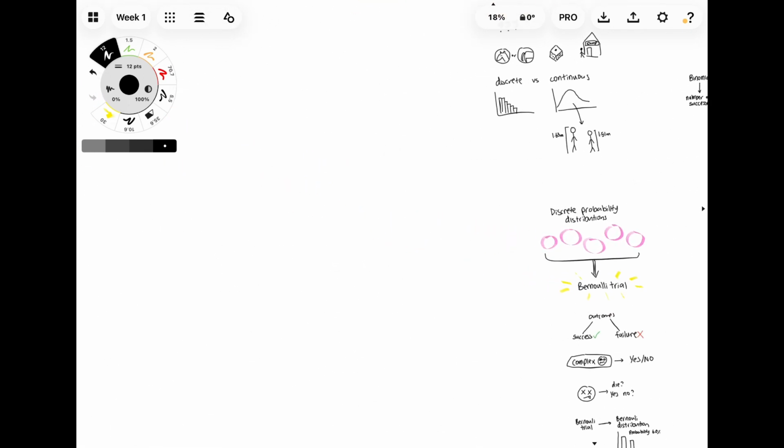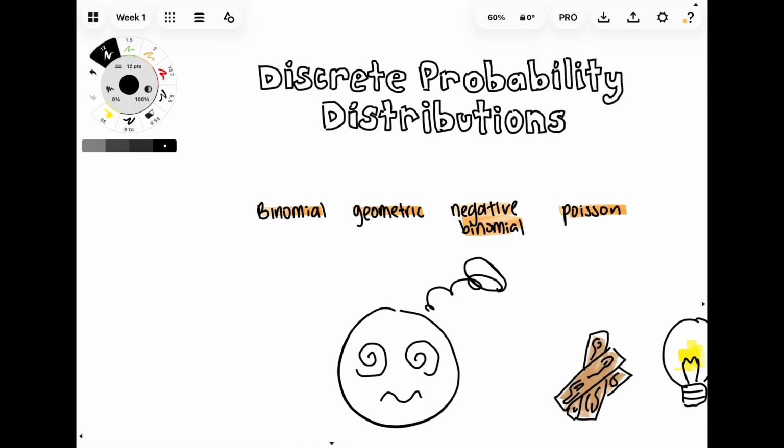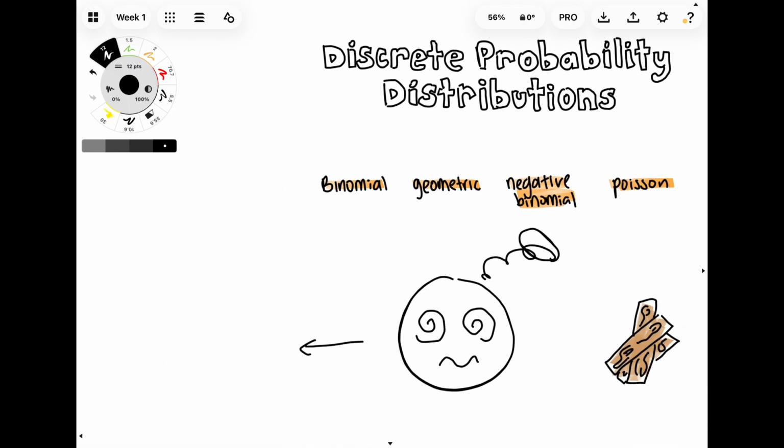Stepping back, we began by fixing trials, then fixed successes, and finally fixed time. Although these distributions answer different questions, they all rely on the same underlying idea: independent events. That shared foundation is what allows us to see them not as separate formulas but as connected pieces of a bigger structure.